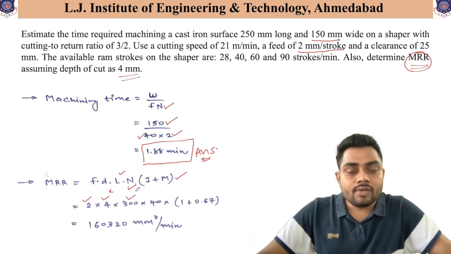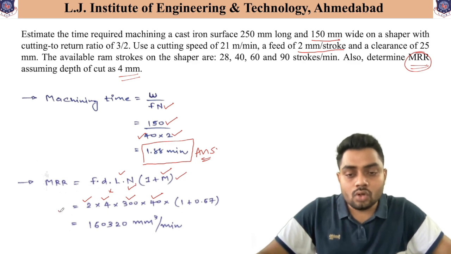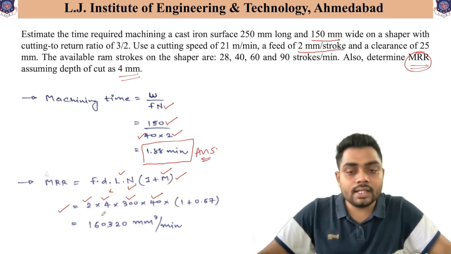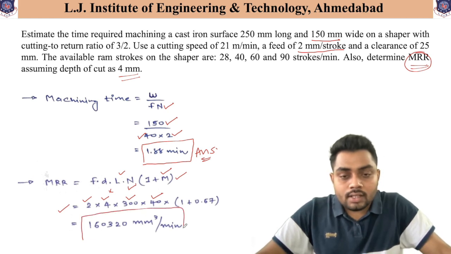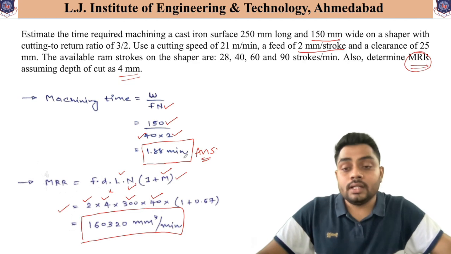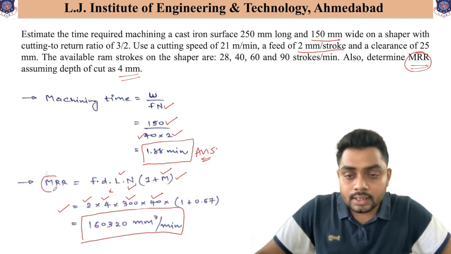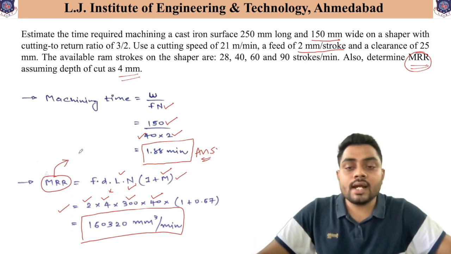L we have already found, that is 300, and n we have already found, that is 40, into 1 plus m, whose value is also available. So when you solve the value numerically, then you will get the answer as 1,60,320 mm³ per minute.